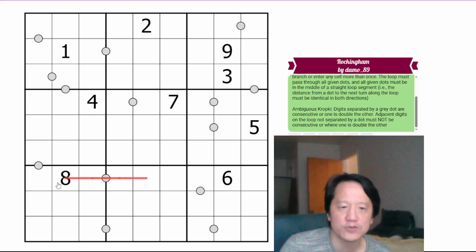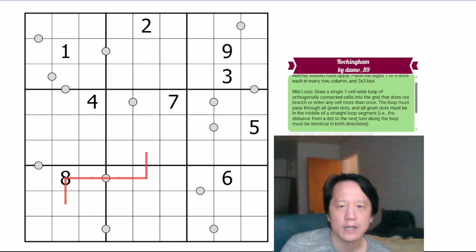Then the distance from the dot to the next turn along the loop must be identical in both directions. So if it turns here, it must turn this same distance away from the dot on the other side. And that's the mid loop again.